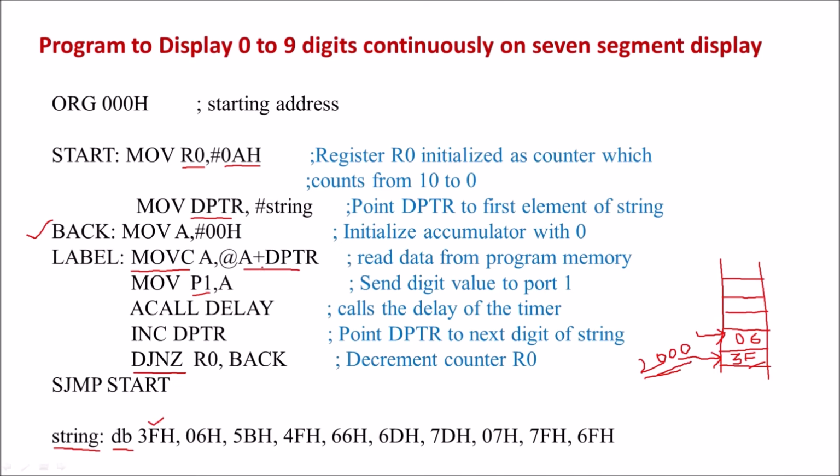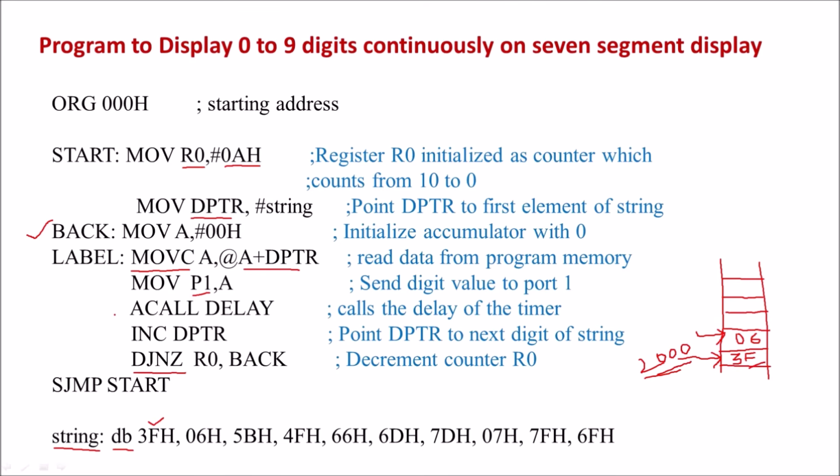We'll add this content 00 with DPTR and read that digit's 7 segment code, which will be stored in the accumulator. We'll place the contents of the accumulator on port P1. So now digit 1 will be displayed.